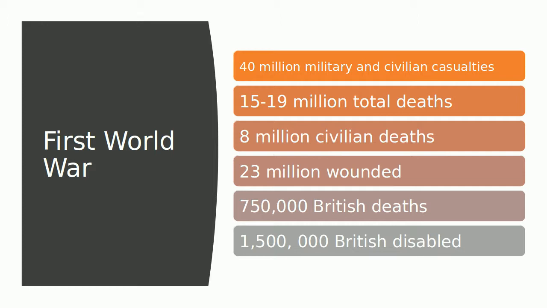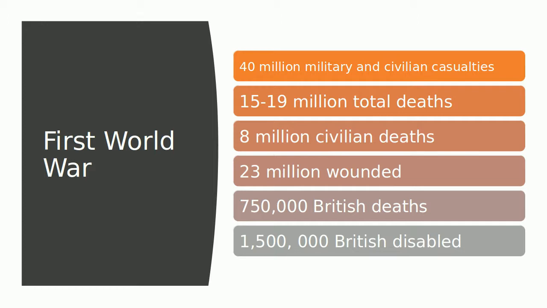Of those, somewhere between 15 to 19 million total deaths, about 8 million civilian deaths, something like 23 million wounded. And as you can see there, if you just look at Britain, like 750,000 deaths and 1.5 million British disabled servicemen.